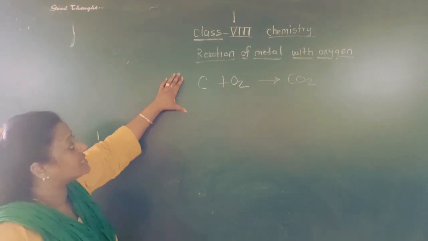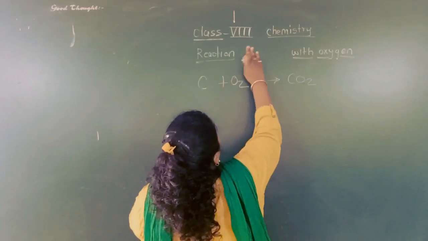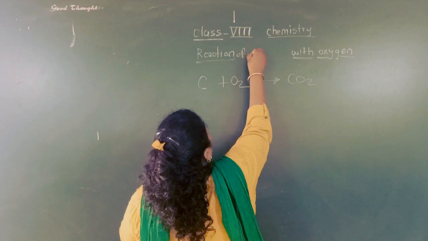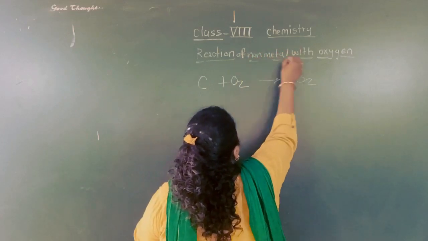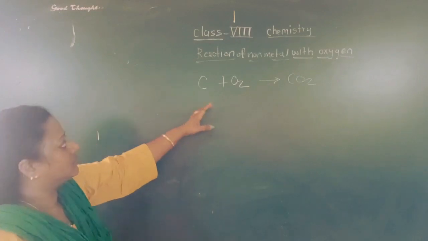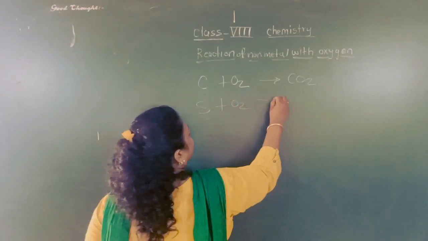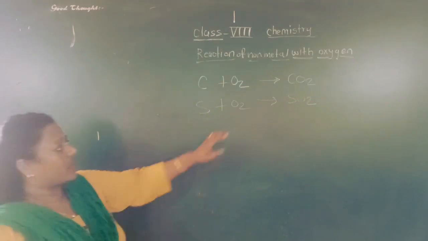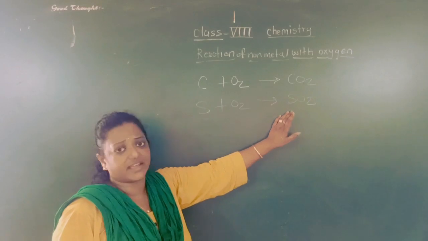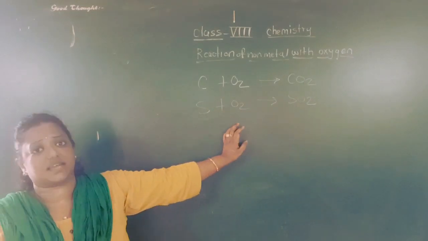Reaction of non-metal with oxygen I will write here. Carbon plus O2 gives CO2. Sulfur plus O2 gives SO2. Carbon dioxide and sulfur dioxide are non-metallic oxides.